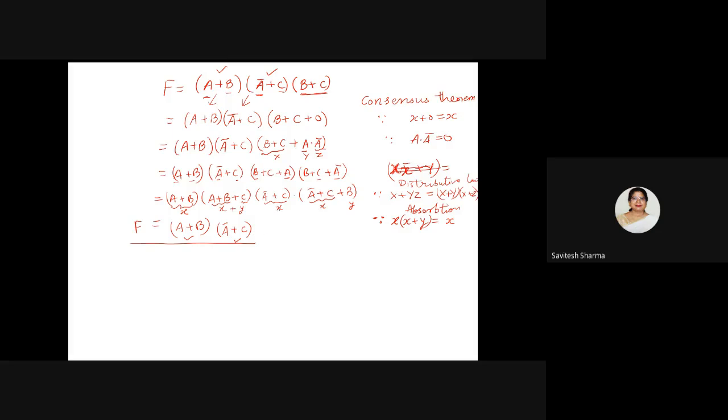So what you found is that this b plus c term is your redundant term. Whether it is present or not present, it is not affecting your f. So you see the simplified form, it requires 2 number of OR gates and it will require 3 number of OR gates. So now it is a simplified form.